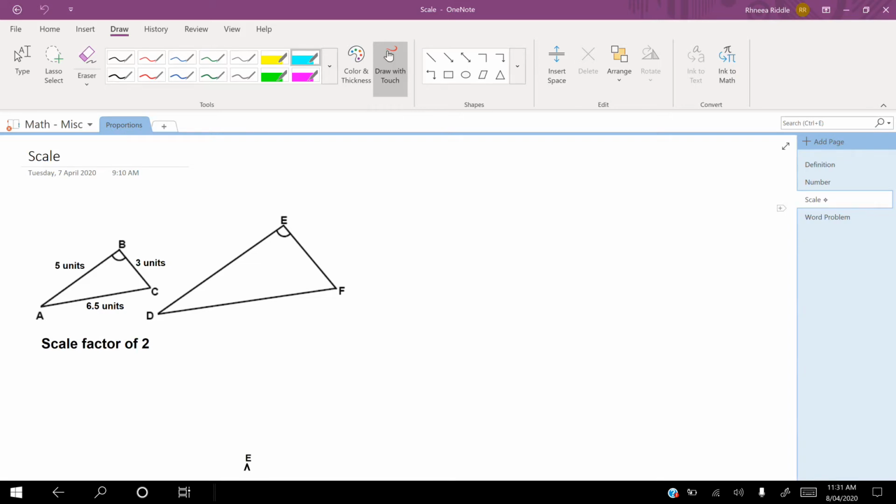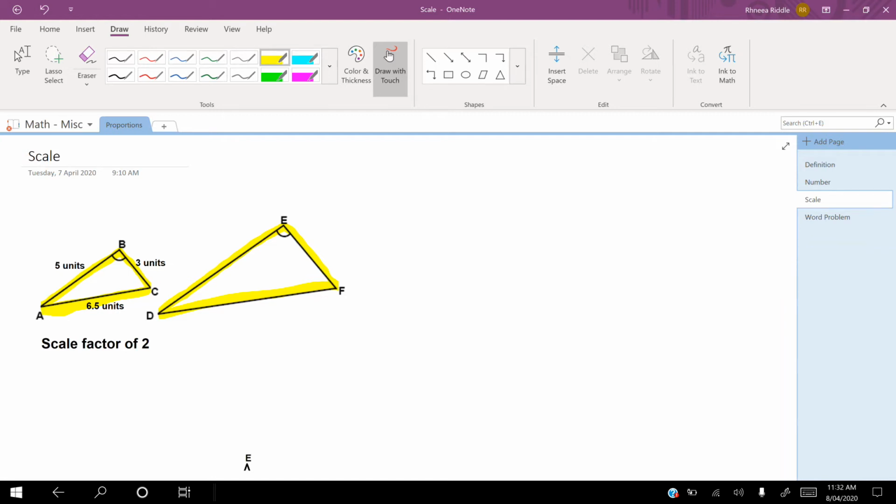So if we look at these two images here, we see that this triangle is the same triangle as this one, but it's bigger. So if you shrunk down this EDF triangle, you'd get the ABC triangle. If you enlarged the ABC triangle, you'd get that EDF triangle.